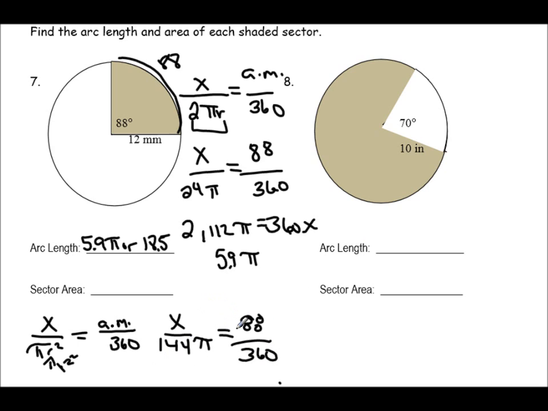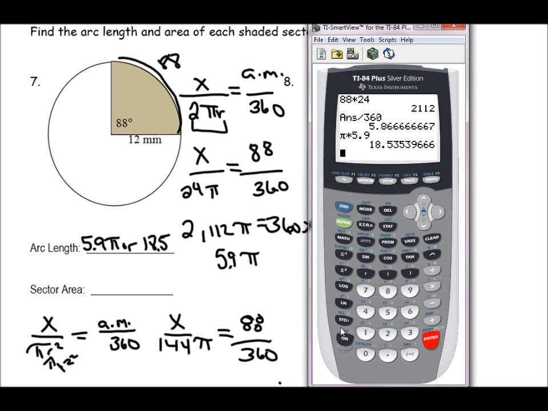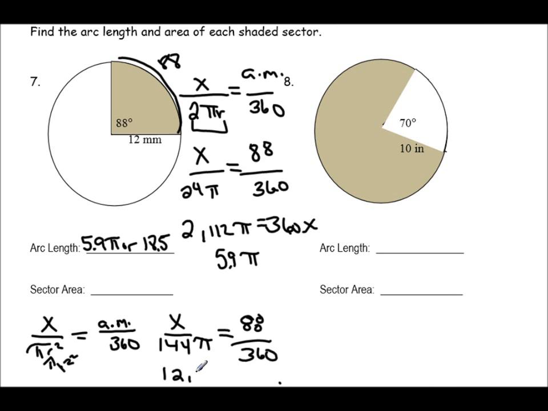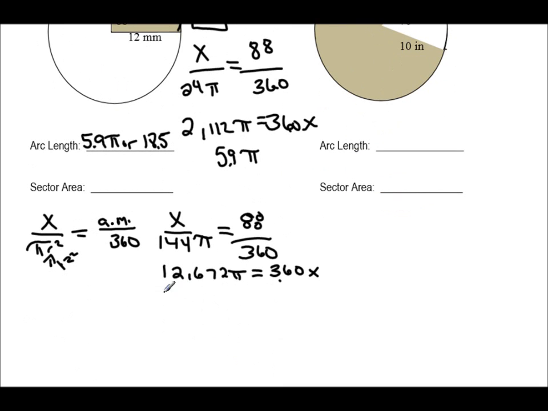So I'm going to take 144 and multiply it by 88. 144 times 88 equals 12,672, all times pi, and that equals 360 times x. So I'm going to divide 12,672 by 360.